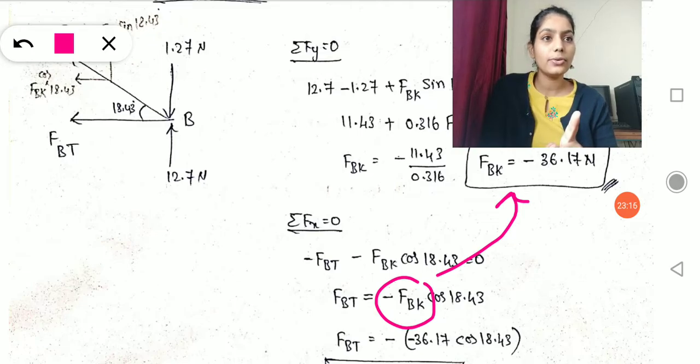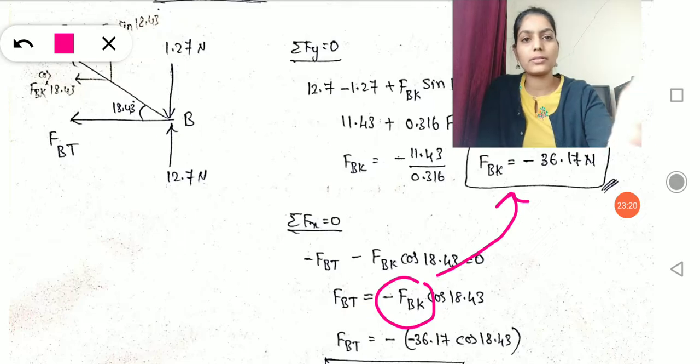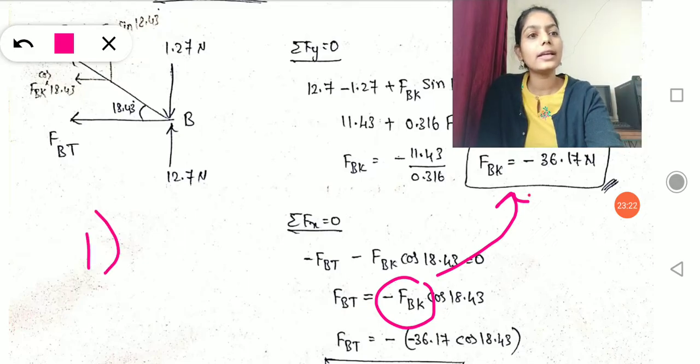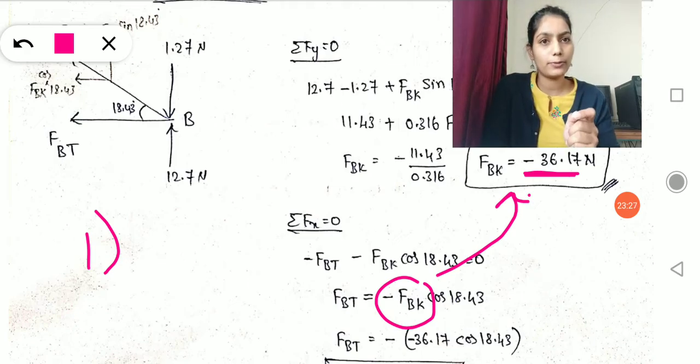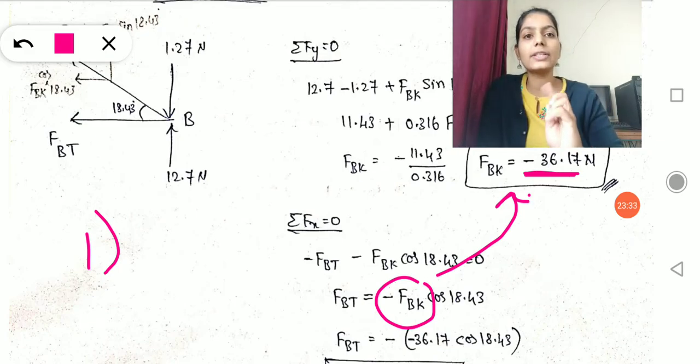It is negative. So you have 2 choices. The first choice is that this negative sign indicates that the direction of my force is wrong, or you can say it is reversed in direction. What direction have I assumed?